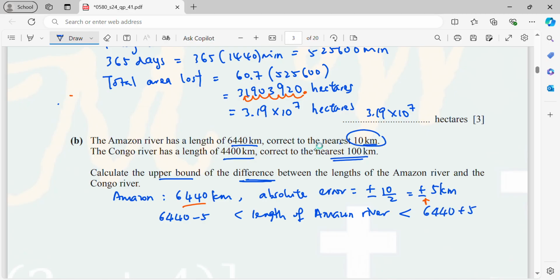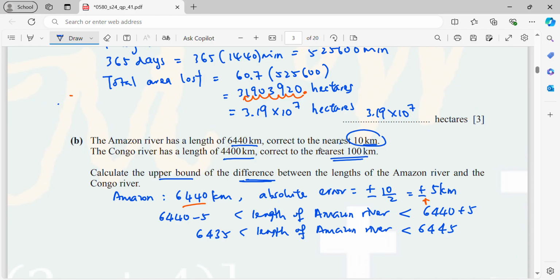Then you will get length of Amazon River between 6435 and 6445. Okay, this is the boundary.